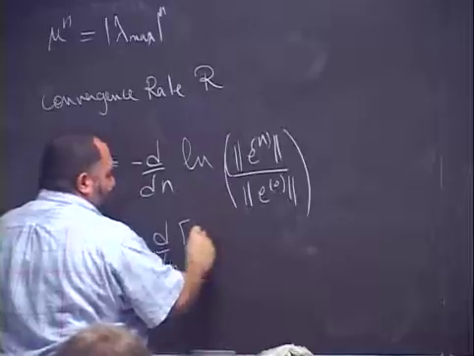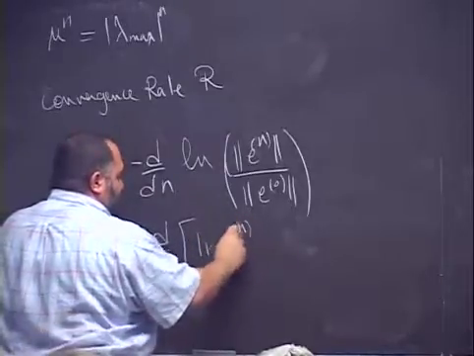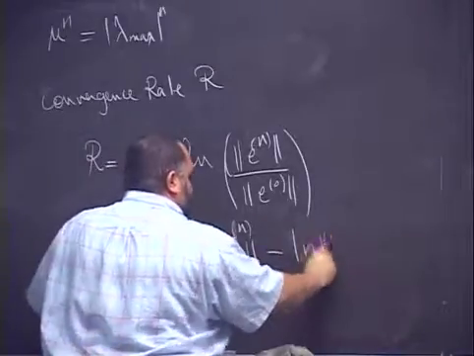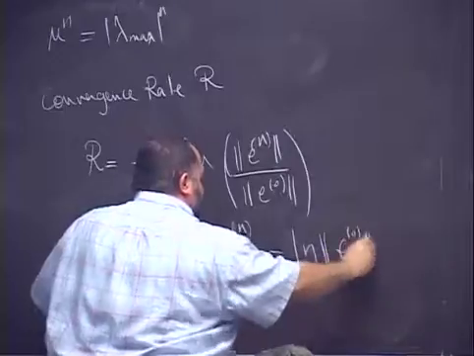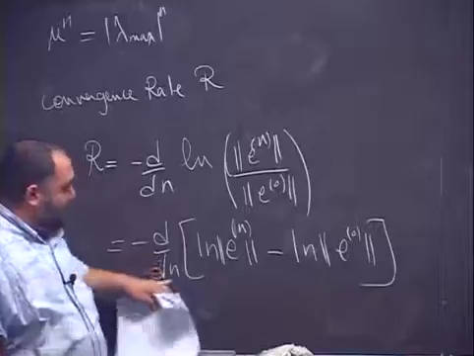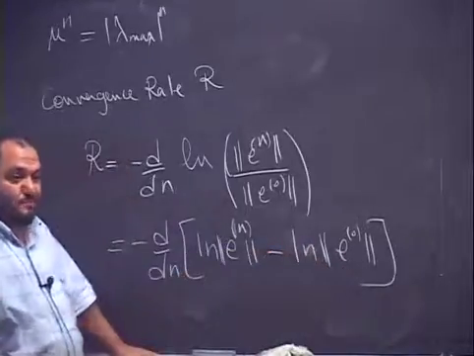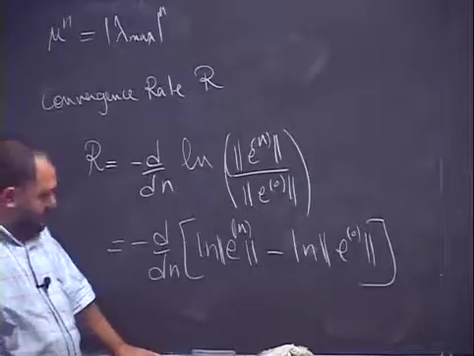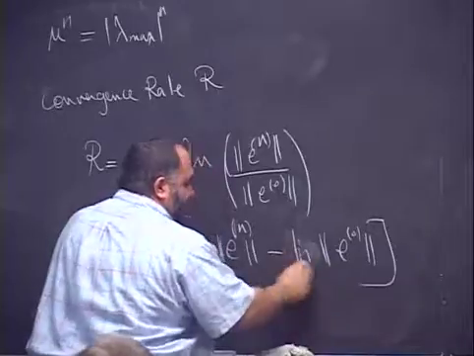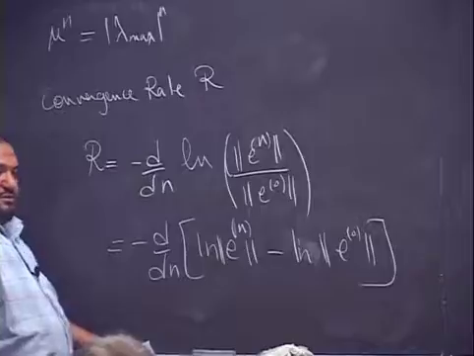When you decompose this, this will give you ln En after the nth iteration minus ln E0, which is the initial guess. But what's d by dn for this term? The logarithm of something that does not have any n on it is a constant.